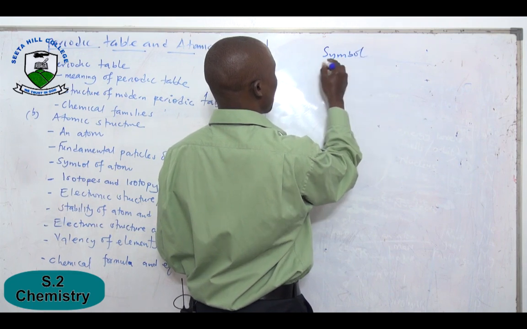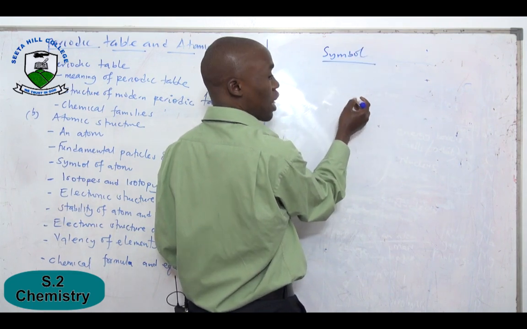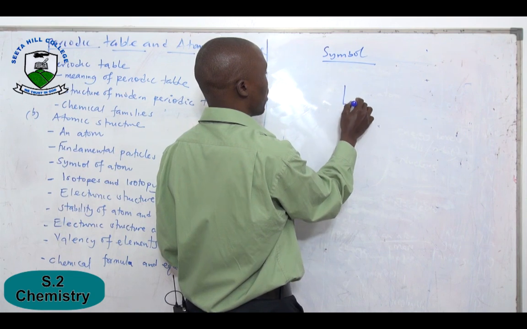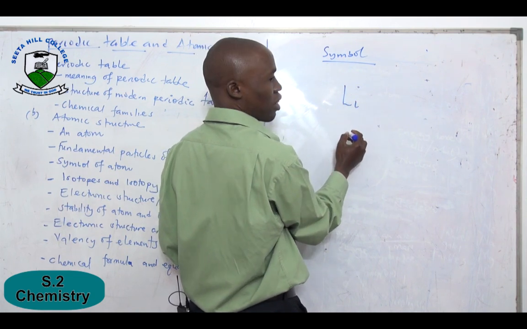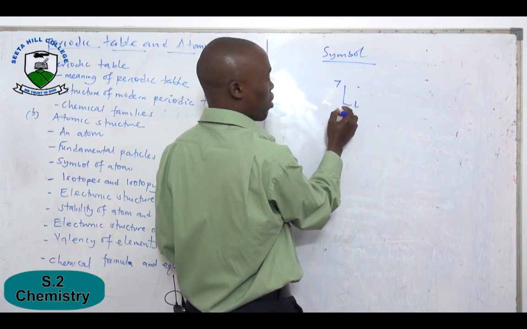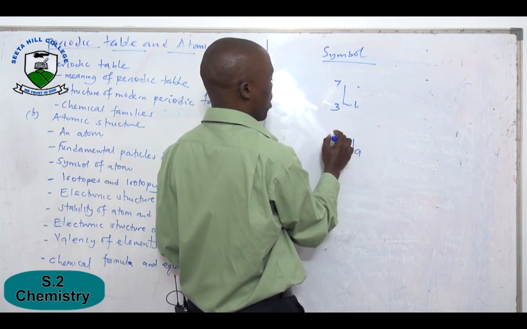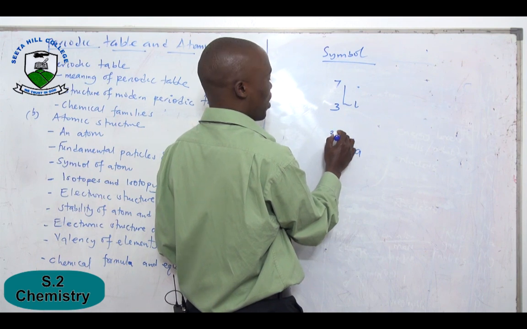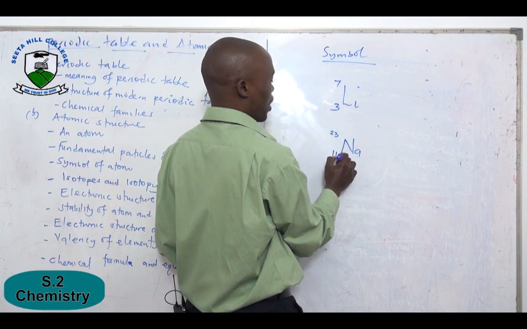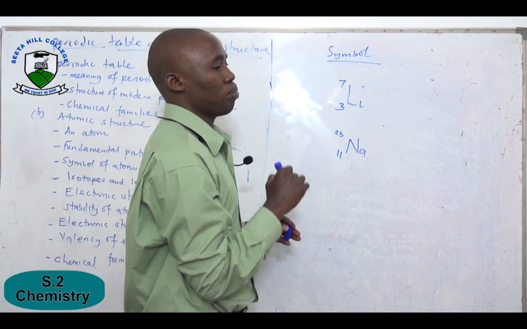Let's take an example of lithium. How is it written? 7 is up, 3 down. Sodium? 23, 11.